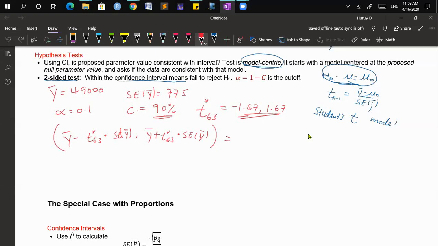We have 49,000 minus the standard error times 1.67.